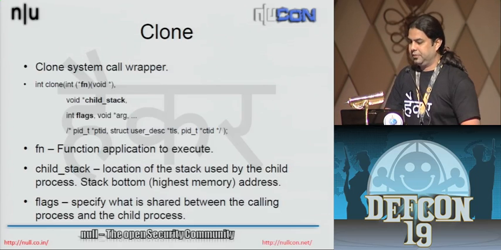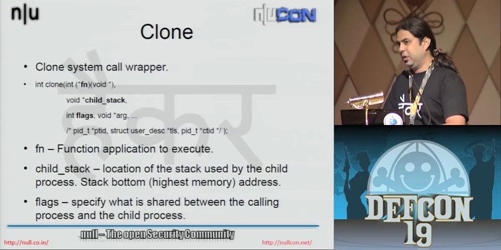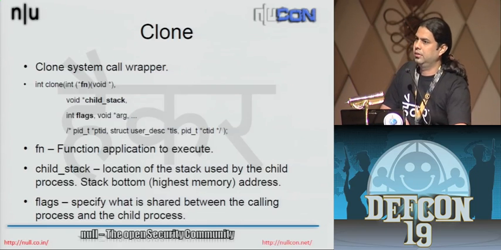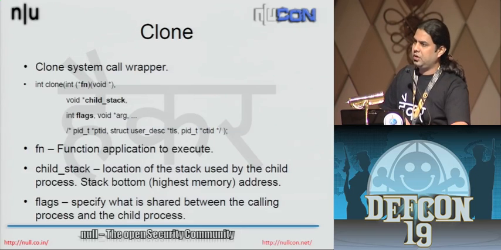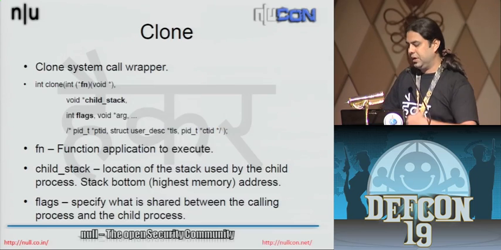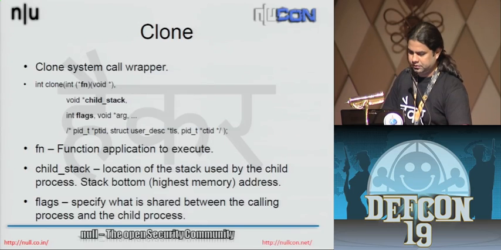Using the same process, I make it execute the clone shellcode. If it's the child thread, it jumps onto the payload. If it's the parent thread, it gives me the control back because of the interrupt instruction.